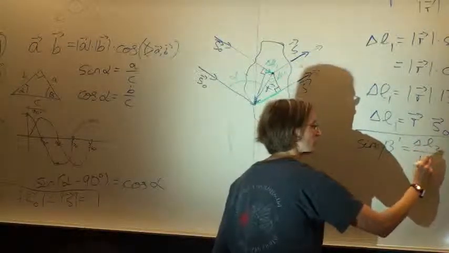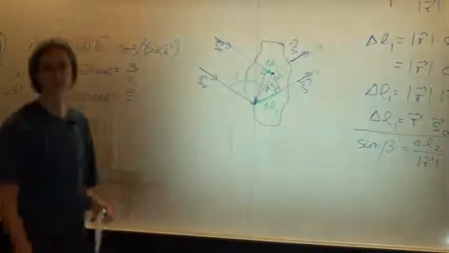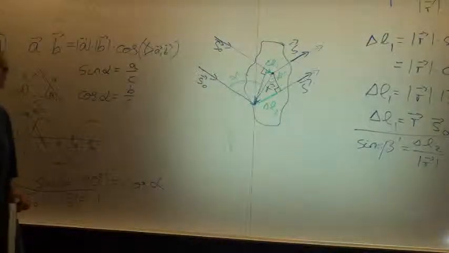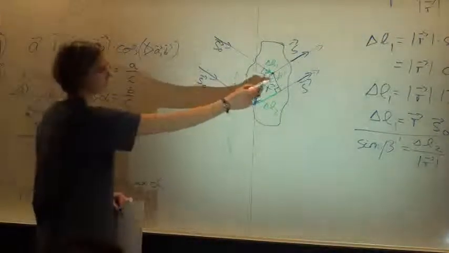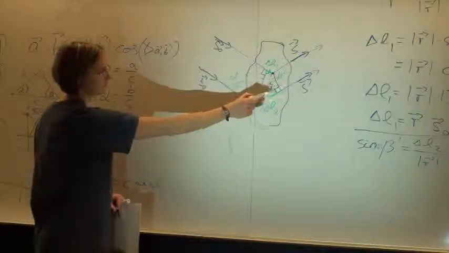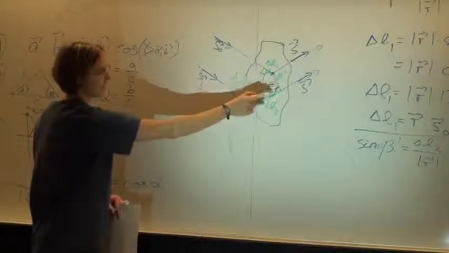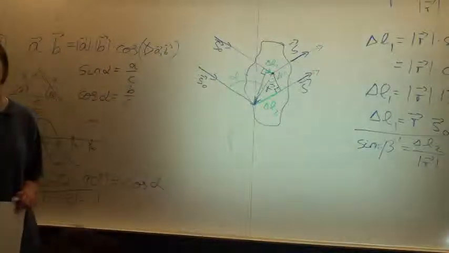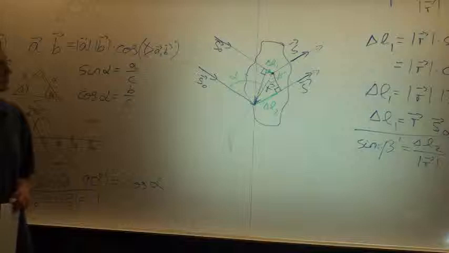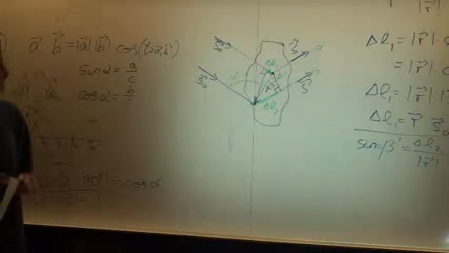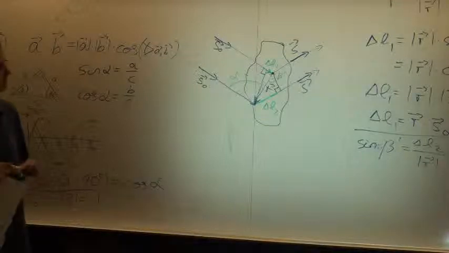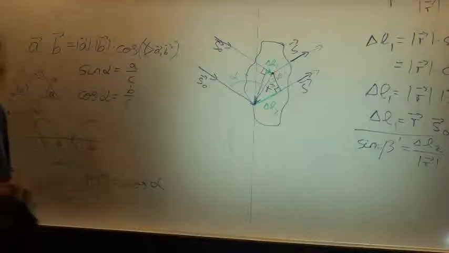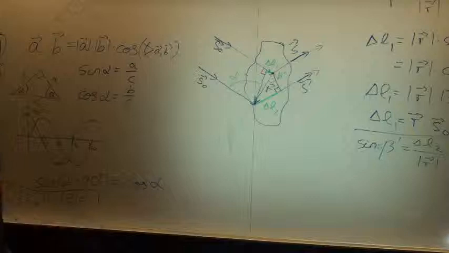Divided by R. Sine of this angle is equal to the side across from it divided by the length of the hypotenuse. And once again, can we define a different angle?